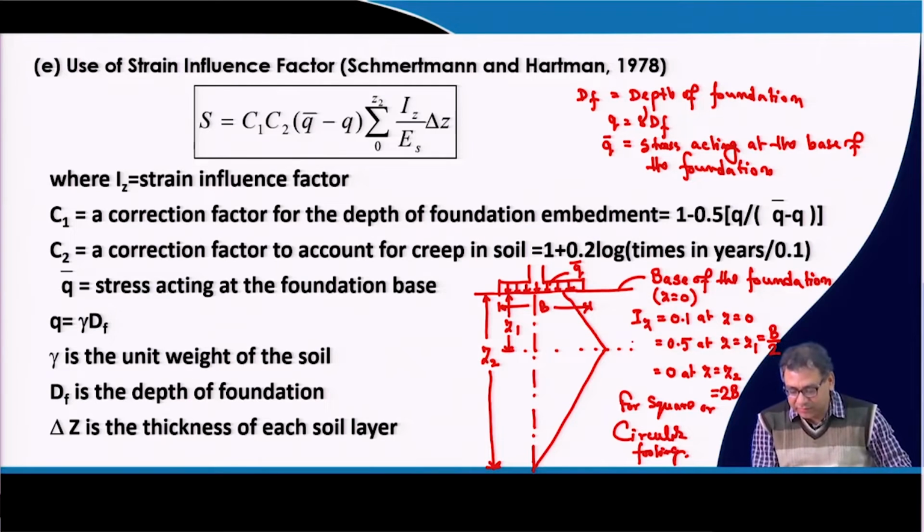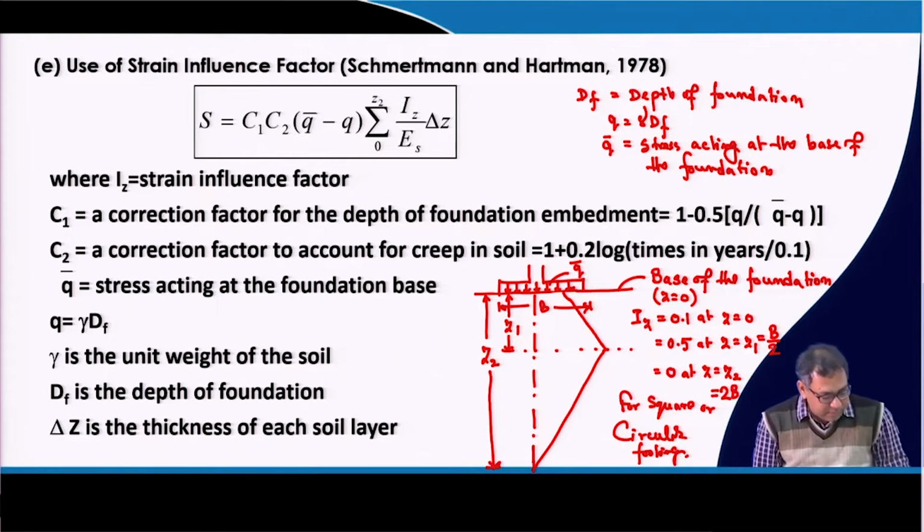That is the influence line which is proposed, and then it will be equal to 0 at the end of the influence zone. So, z equal to z2 will be at twice b, where Iz equals 0.